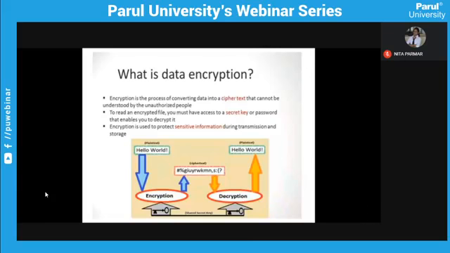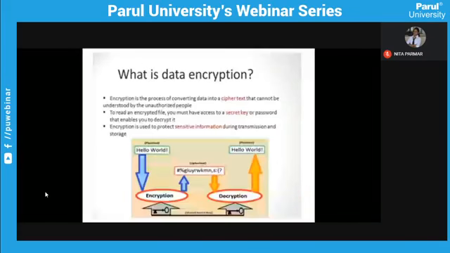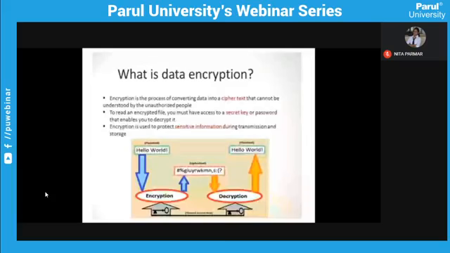In the middle of the diagram the garbage text is shown, and this garbage text is transmitted from sender to receiver. In between, if a hacker tries to steal this information, he cannot obtain the message that the sender has sent.